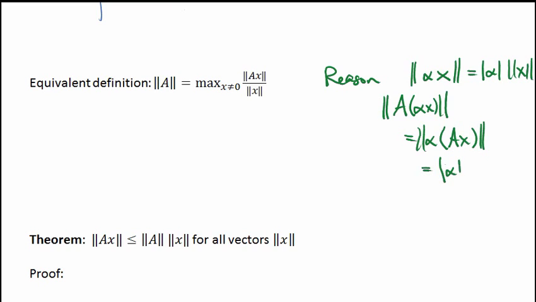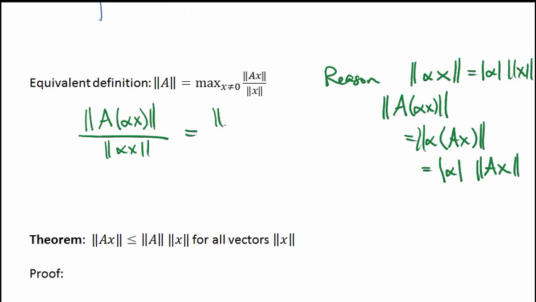And by the properties of norms, that's absolute value of alpha times the norm of AX. So if we take a ratio of the norm of A times alpha X over the norm of alpha X, the alphas cancel out completely.